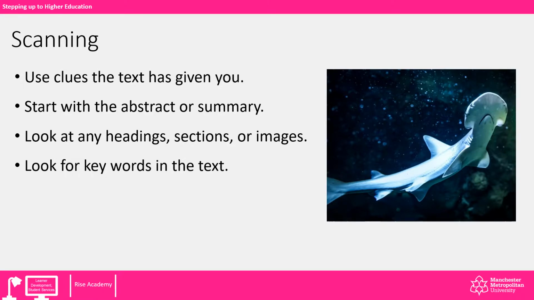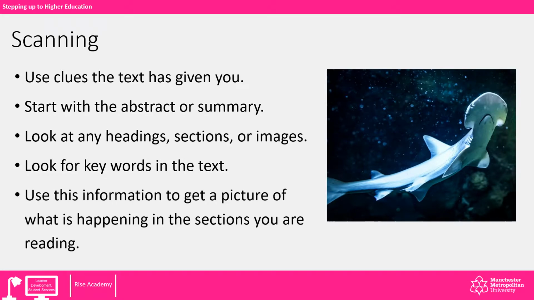Look for keywords in the text, and here you'll bring in your skim reading approaches to rapidly read over key sections to find the most important pieces of information for your work. Scanning is all about using the clues provided within a text to get a clear picture of what is happening and which sections are most relevant to you. So scanning is an approach that can help you to read strategically and most effectively so you can get the most relevant information from an academic text for your particular purpose.